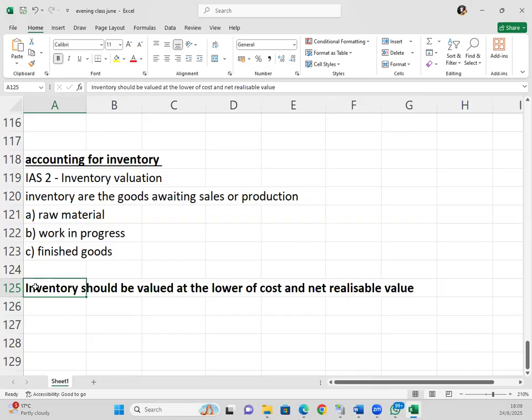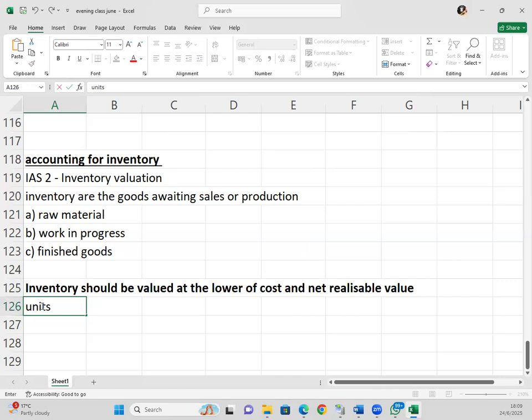You have inventory in your books, but how much is that inventory worth? The inventory is valued by comparing two things, the cost and the net realizable value. Let's say you have 100 units.